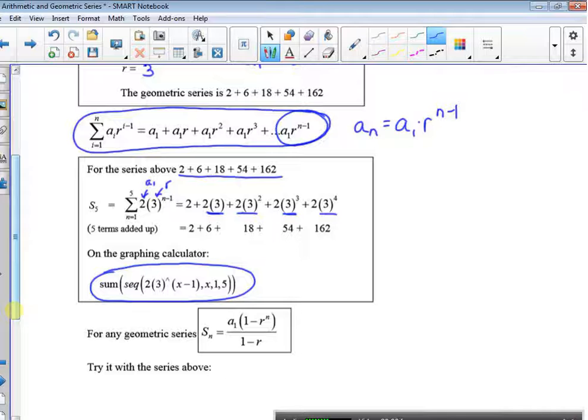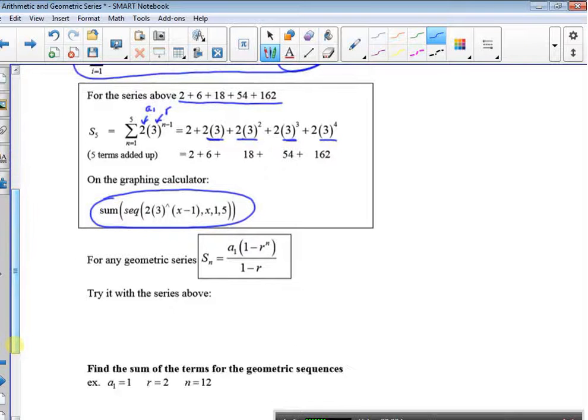Now if you want to find the sum a different way, there's also a formula. S sub n equals a sub 1 times 1 minus r to the n, over 1 minus r. If we use this formula on the series above, there's 1, 2, 3, 4, 5 terms.